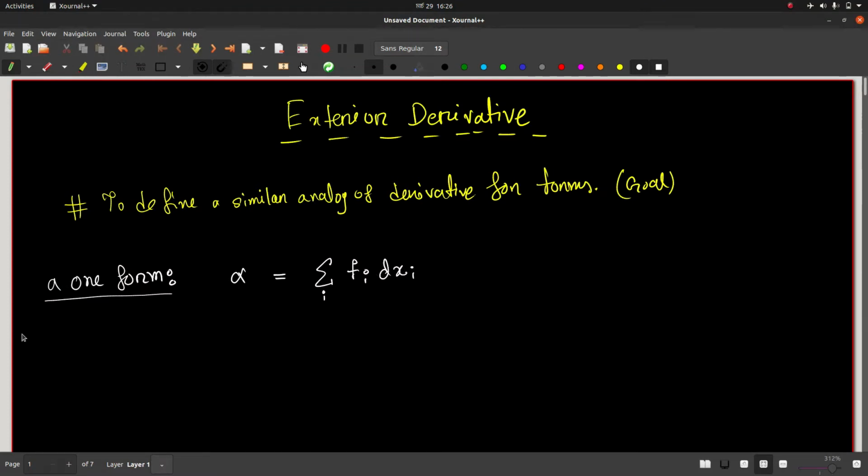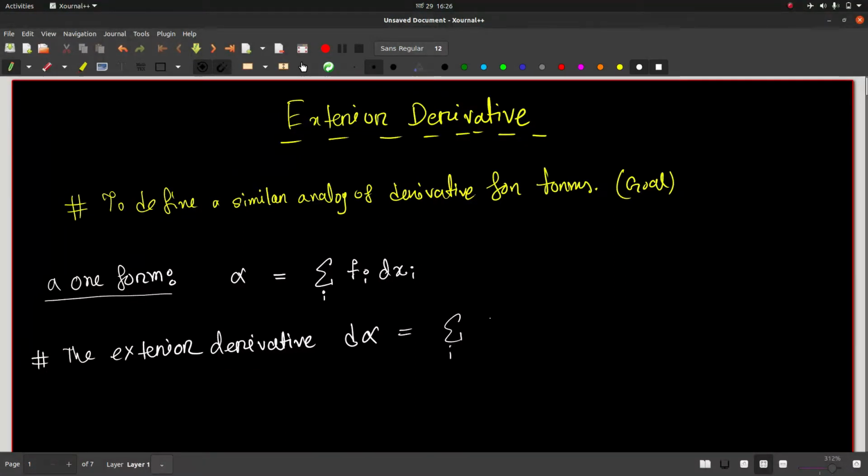Now the exterior derivative, which is written as d of alpha in this case, because it will try to measure the rate of change of this alpha, will be defined as follows. Summation over i of d of fi wedged with d of xi, like this.